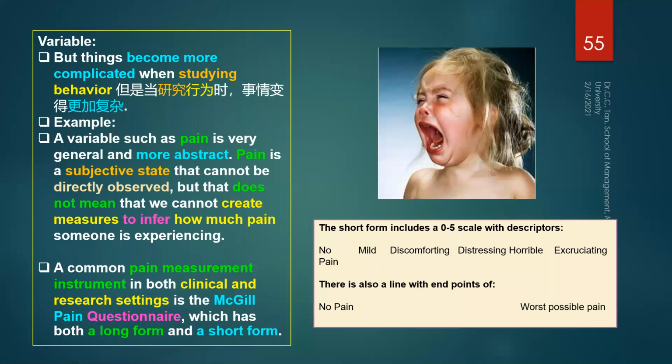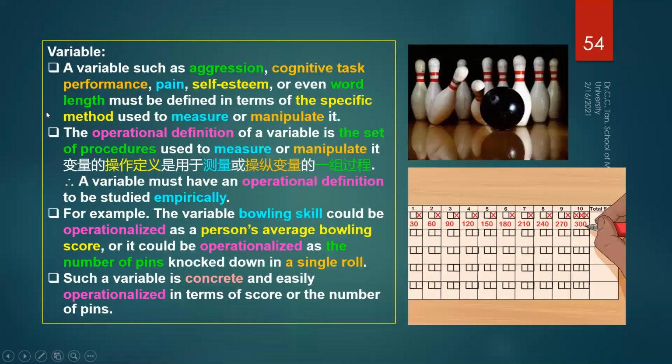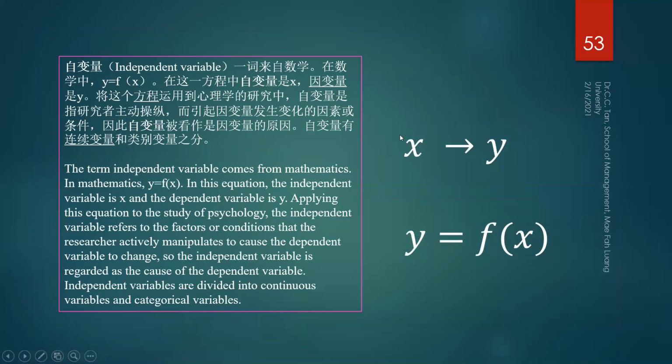Things get a little bit more complicated when studying behavior, because there are a lot of social psychological factors, right? A lot of social psychological personal factors that are maybe not easy to understand. Maybe it's subconsciously there, or maybe it's intangible.